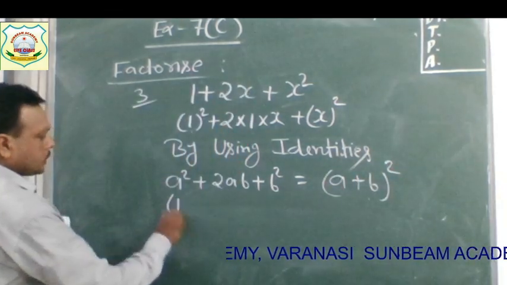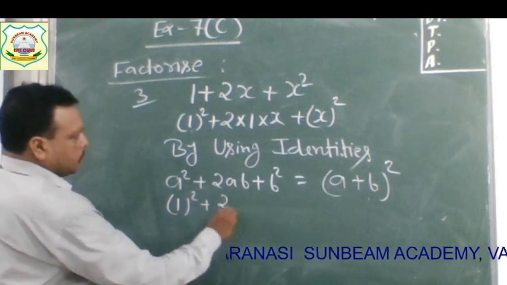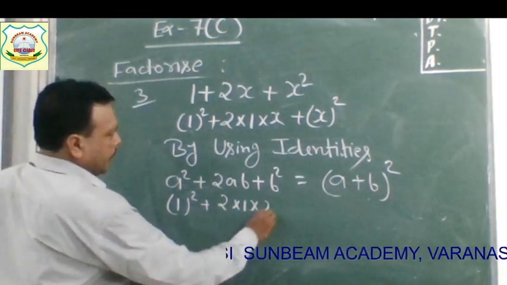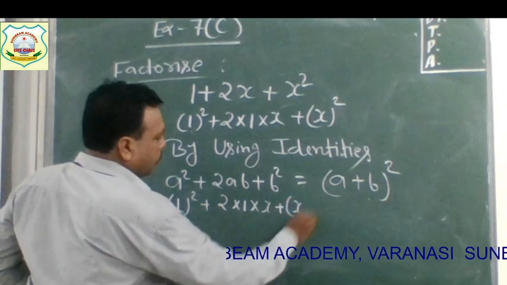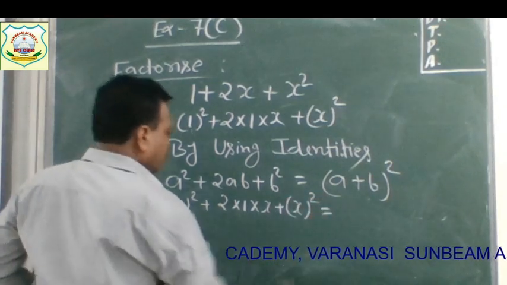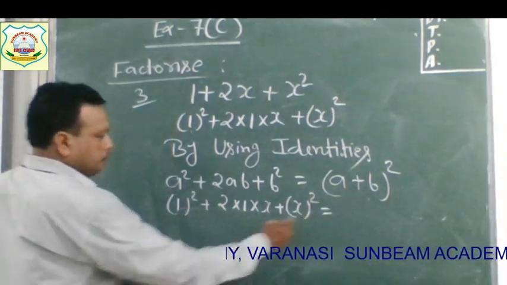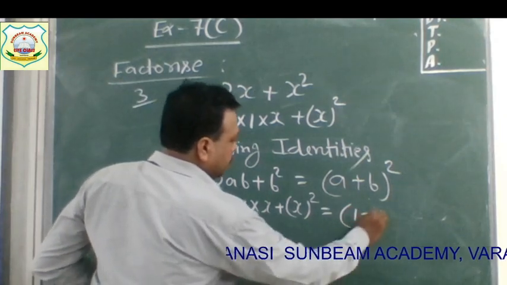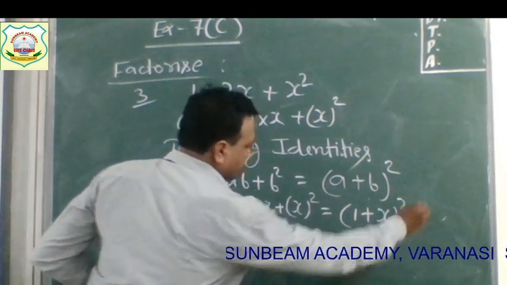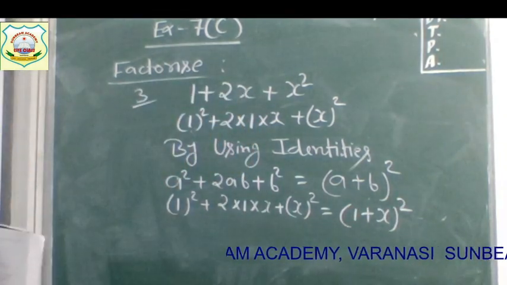So 1 whole square plus 2 multiply 1 multiply x plus x whole square equals, what will be a? That is 1, and b is x, so 1 plus x whole square. Okay students, note it down.